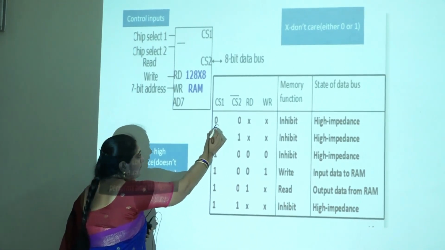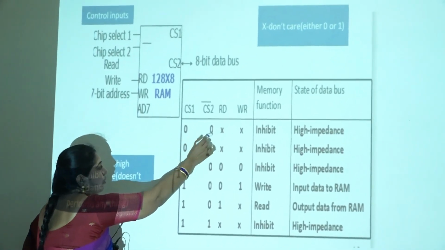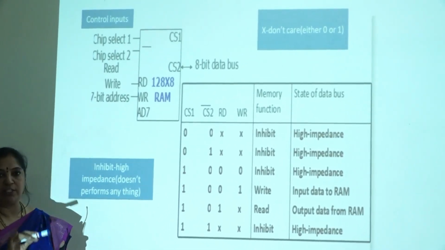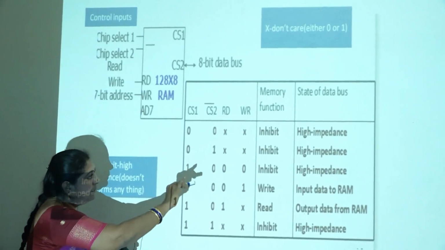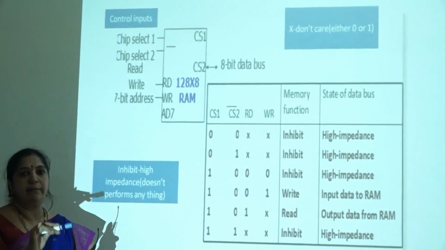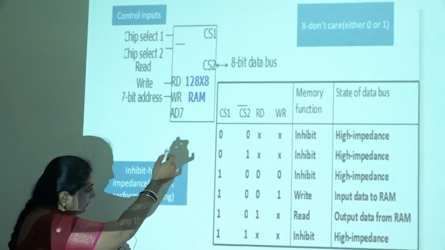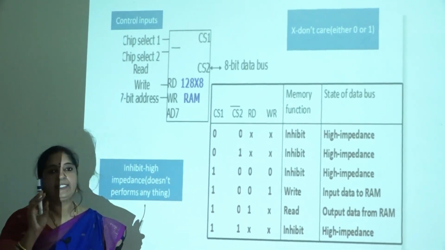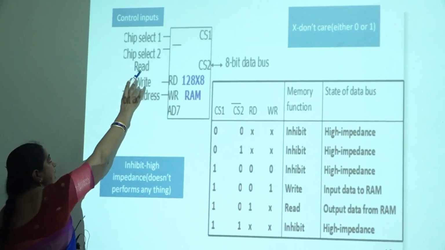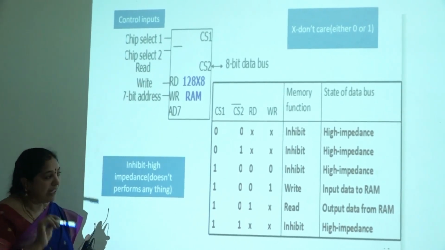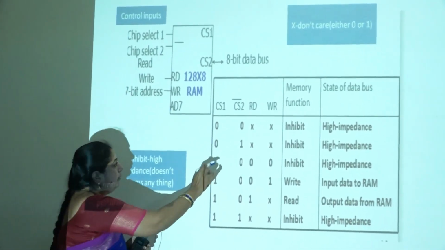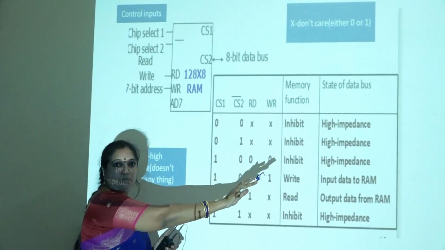Don't care condition means it may be 0 or 1, whatever it may be. But if both selection lines are 0, we are not selecting anything. So inhibit, high impedance, that means nothing is done. We are not doing anything. The main operations we are doing are reading and writing. Only 2 operations we have, read and write. When it is 0, 0, we are doing nothing.